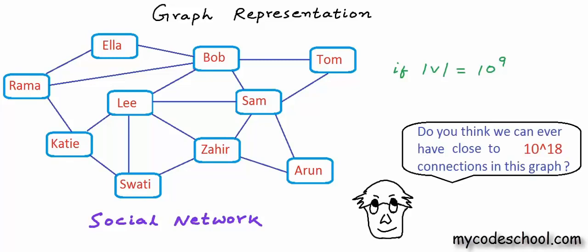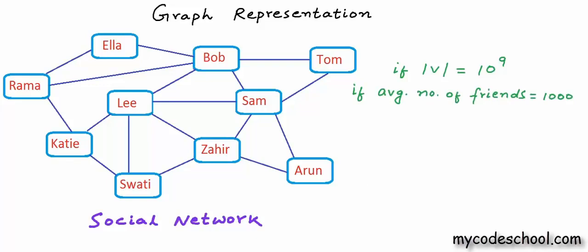Now, do you think the number of connections in a social network can ever be close to the square of the number of users? That would mean everyone in the network is a friend of everyone else. A user of our social network will not be a friend to all other billion users. We can safely assume that a user on average would not have more than 1,000 friends.